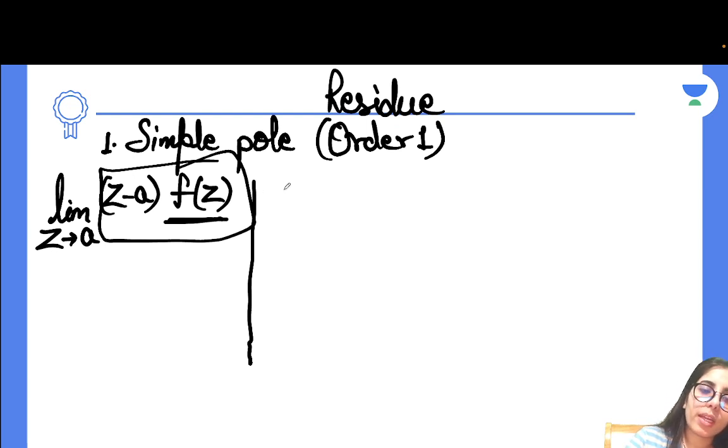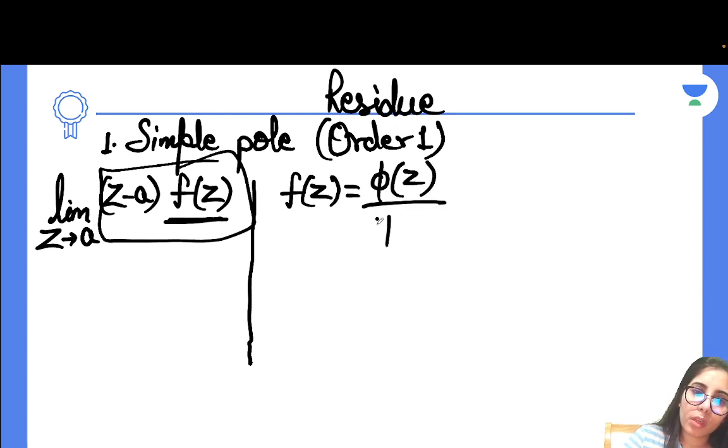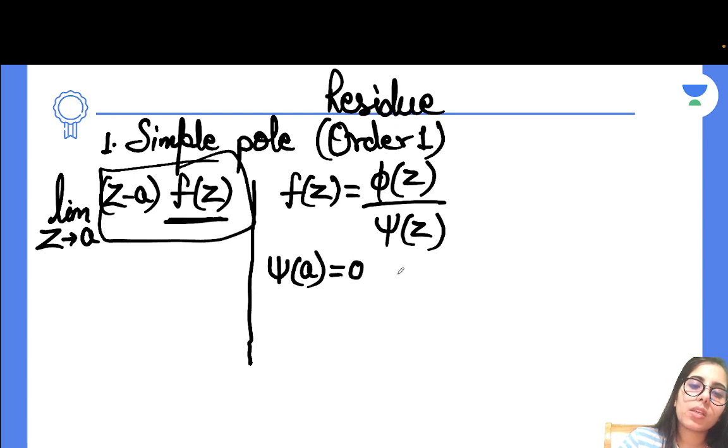That is, if there is a function having a numerator and denominator, excuse me, in this case for the simple pole you can also use a formula to find the residue, but for that formula your denominator's value at the pole should be 0, and your numerator value at the pole should not be 0.